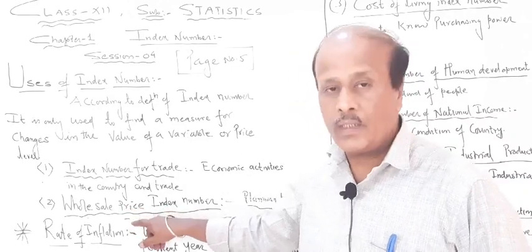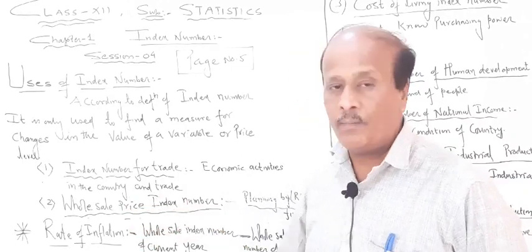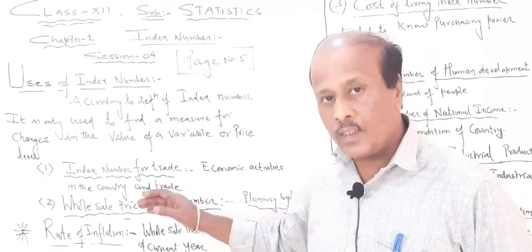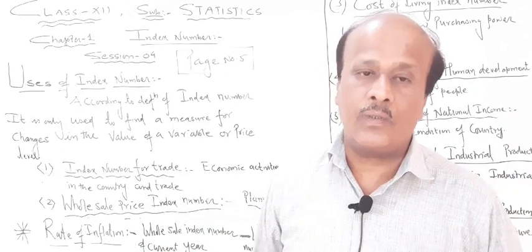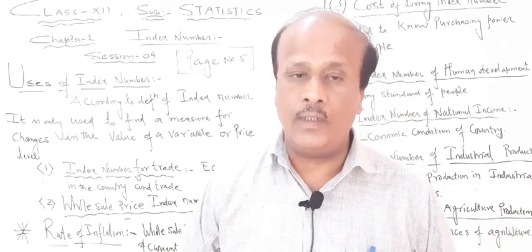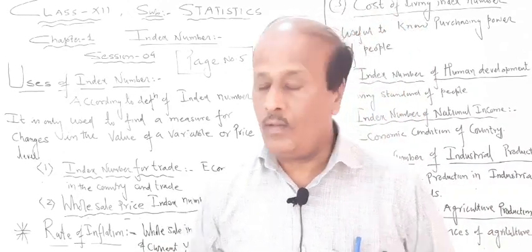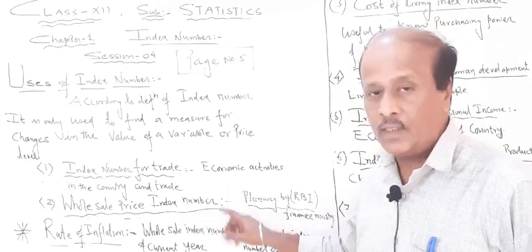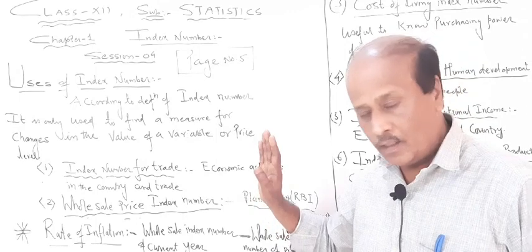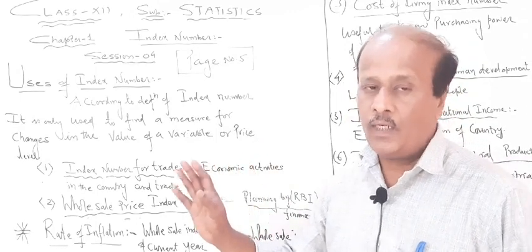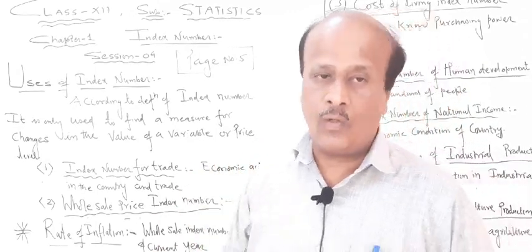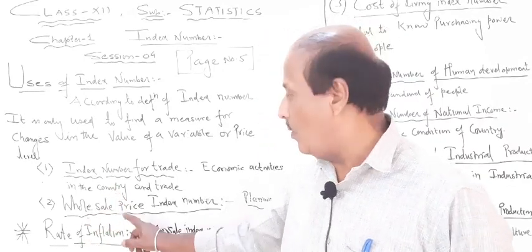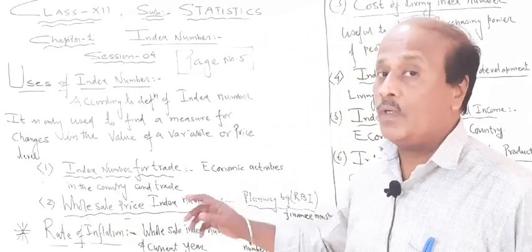If the government says that the wholesale price index number is going up or going down, according to that the economic condition of society and people is actually decided. With the help of this wholesale price index number, which is nowadays given every month by the government, the condition of the market is shown. Now, wholesale price index number, what is the advantage?